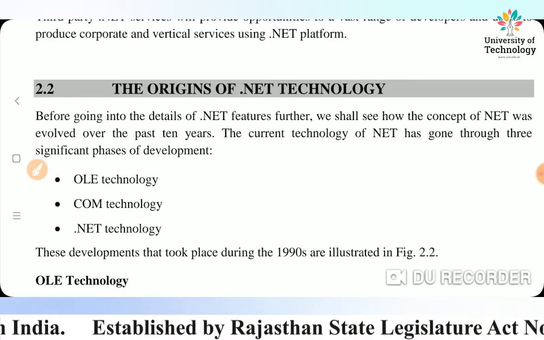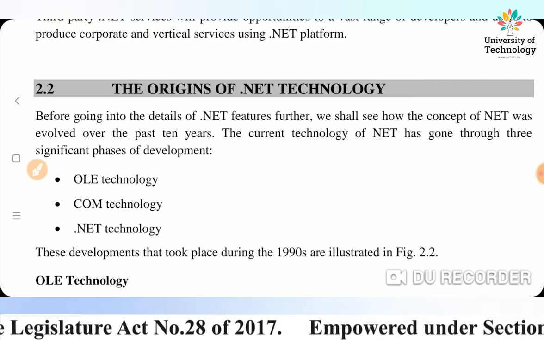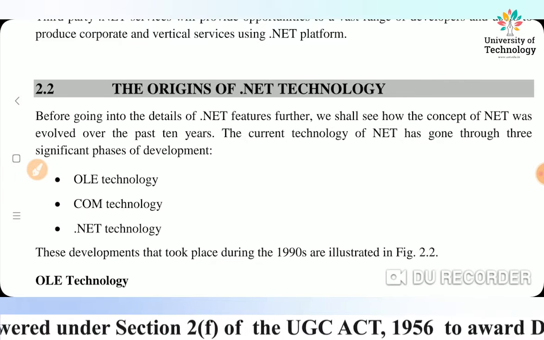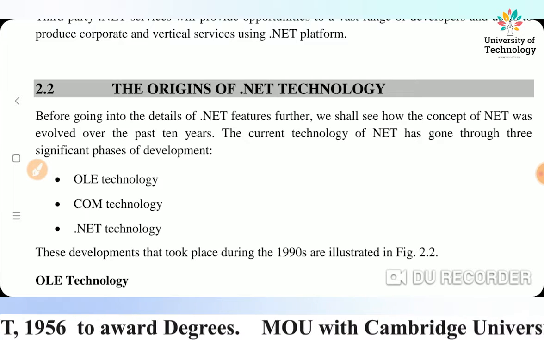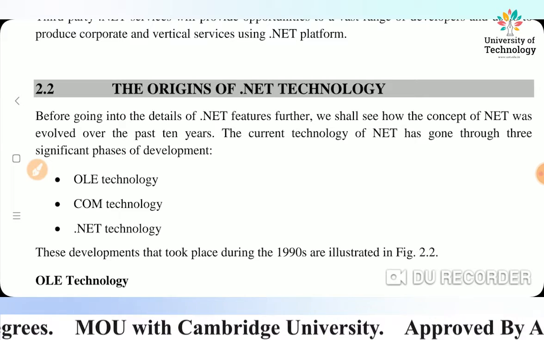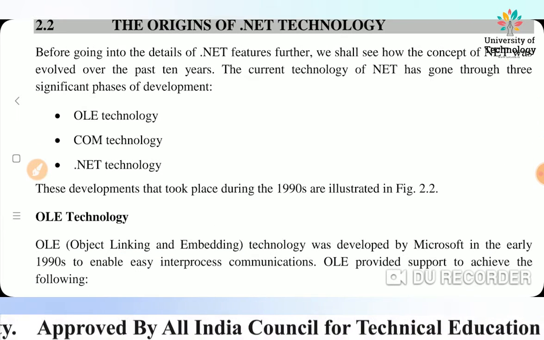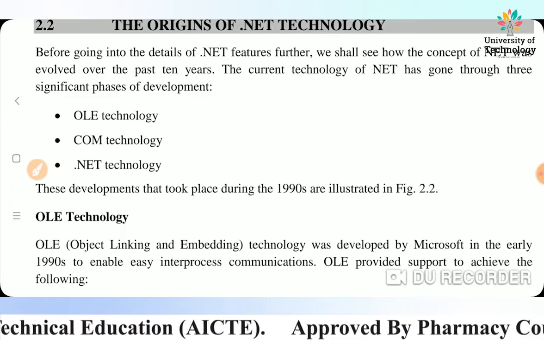Before going into the details of .NET features further, we shall see how the concept of .NET was evolved over the past 10 years. The current technology of .NET has gone through three significant phases of development. First, OLE technology, second, COM technology, and third, .NET technology.